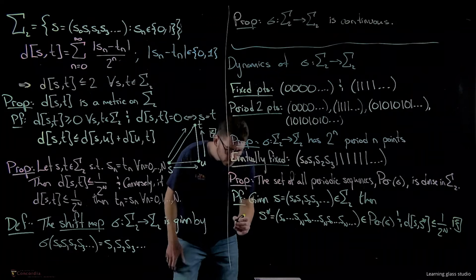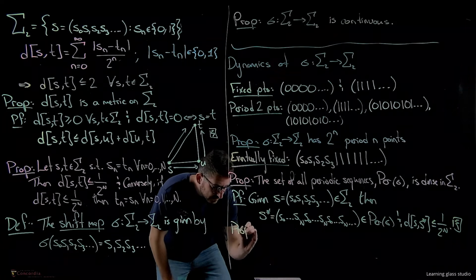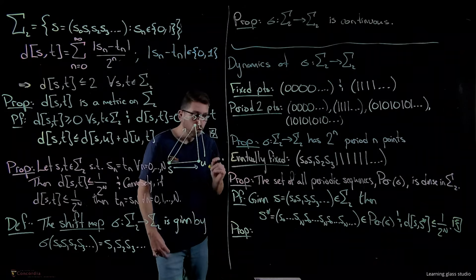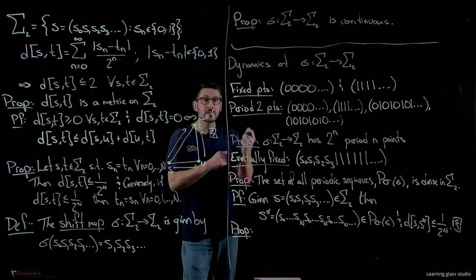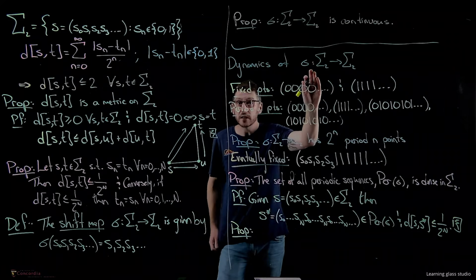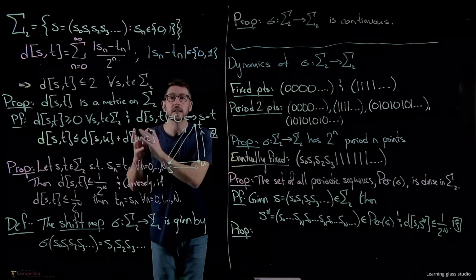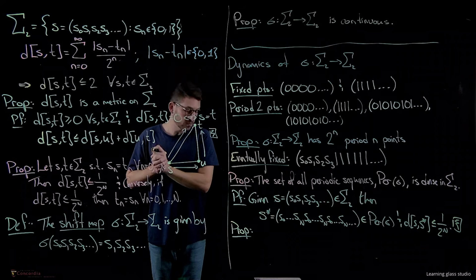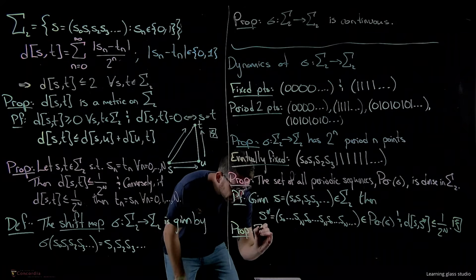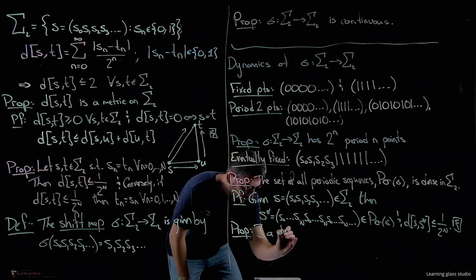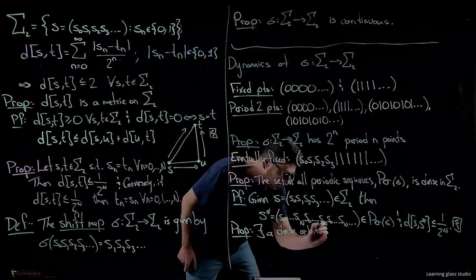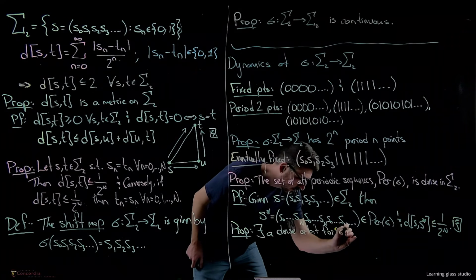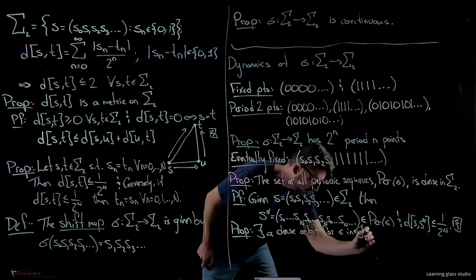What's more, there exists an orbit to this thing that is dense in the whole space. That means that as I iterate it under the dynamics, it comes close to everybody else in the sequence space, okay? So there exists a dense orbit for sigma in the sequence space.